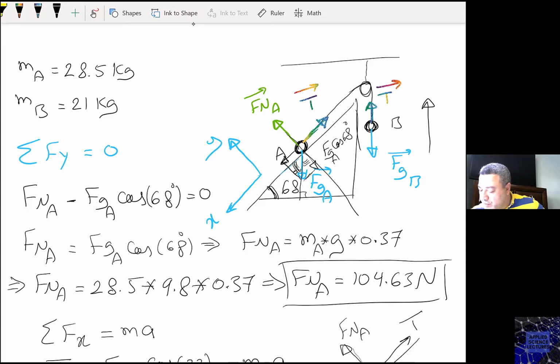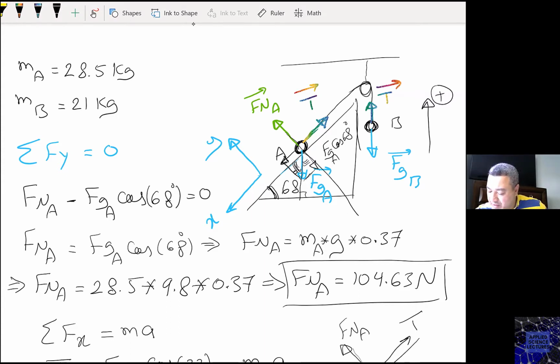So I will pick the positive direction to be going up, such that the motion going up means sliding down. It doesn't matter sine 68 or cosine 22, they're the same. It doesn't matter how you look at it, but at the end, they are the same. I look at it like this.